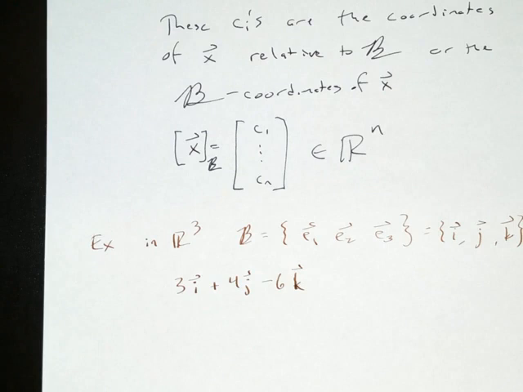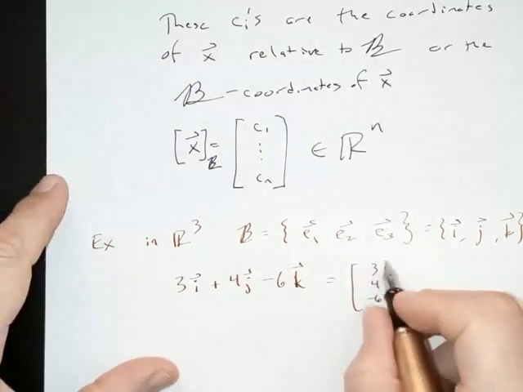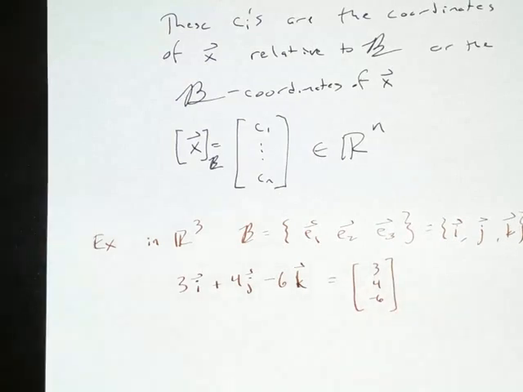That's a three-dimensional vector, 3 forward, 4 to the left, and negative 6 up. That made the assumption that our first coordinate was the x direction coordinate, I. That we would take 3 times the vector that went this way, 4 times the vector that went that way, and -6 times the vector that went this way. And that gave me a position in 3 dimensions.